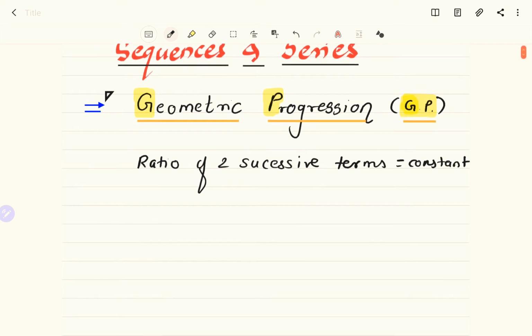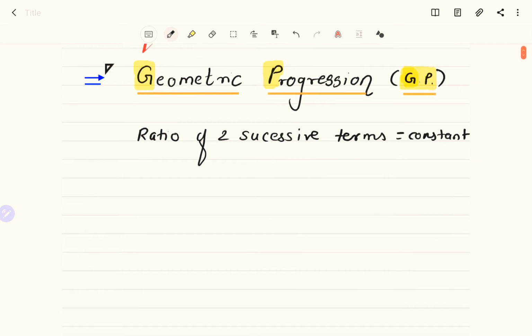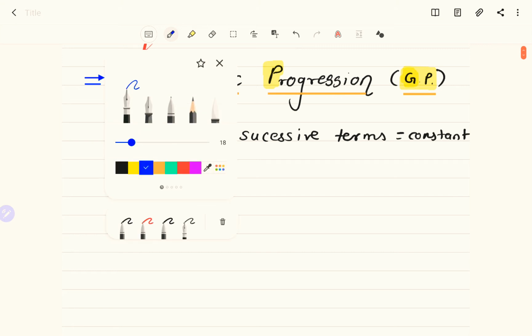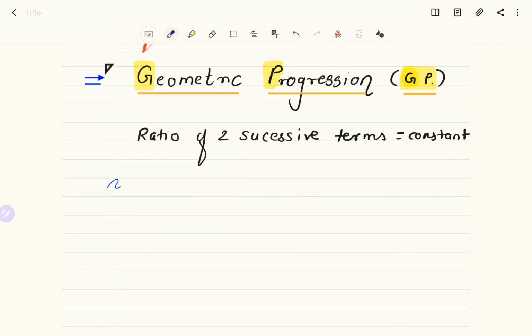Let's try to understand this condition of geometric progression with one simple example. Here I am considering a sequence, let's say 4, then 12, 36, 108 and so on. How do we identify whether this sequence is in GP?